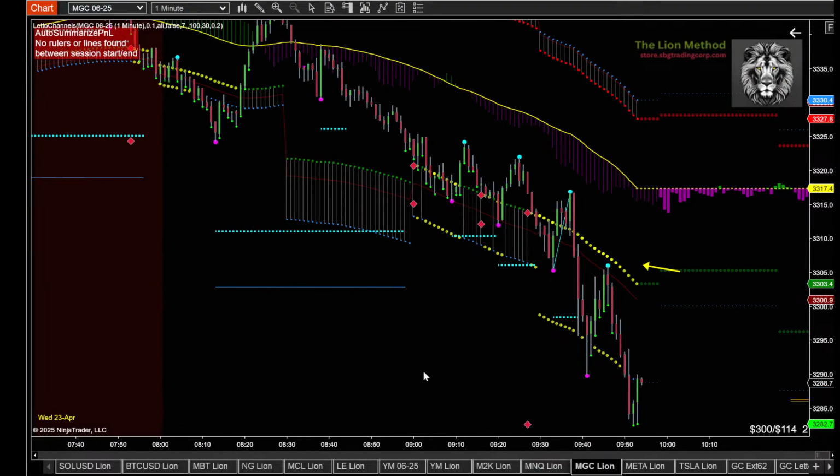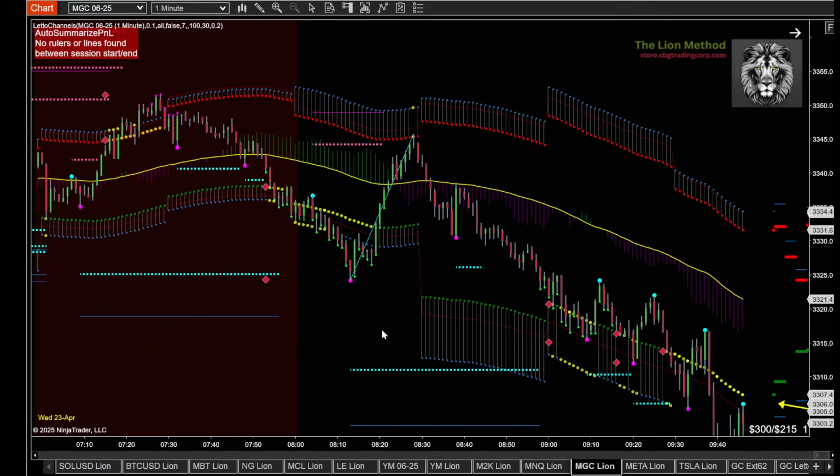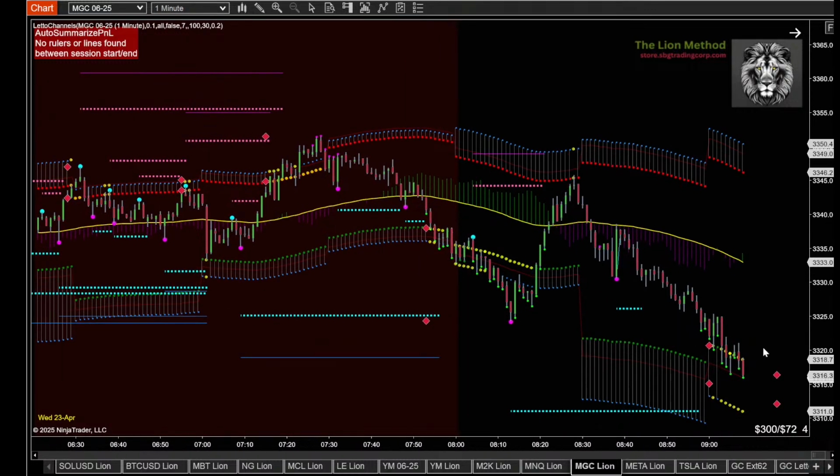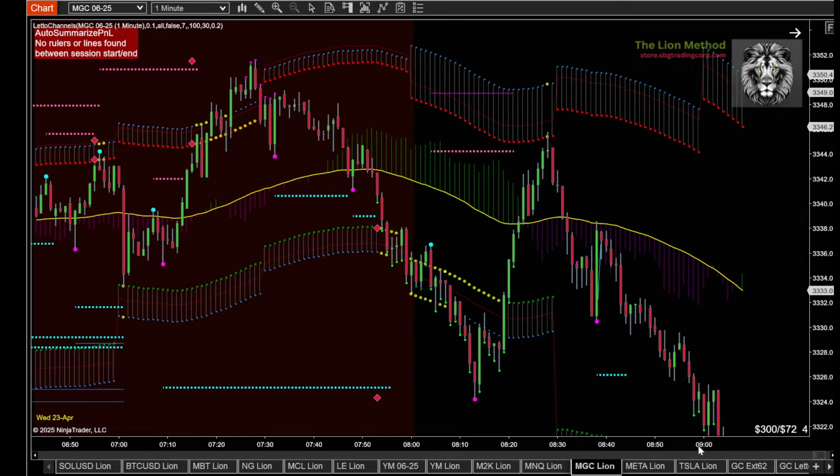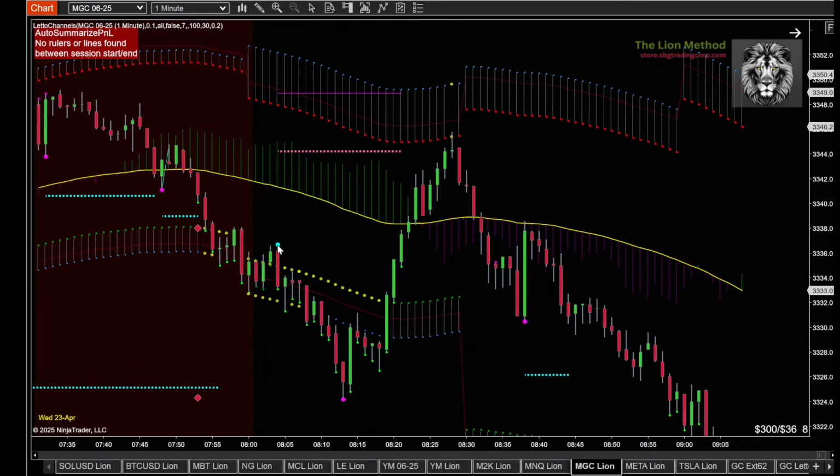Gold is just plummeting, but here was a great trade early in the morning. You can see that one, Matt, right here. We went long, and that spot was definitely oversold. Strong reaction against being oversold, and we hit target right before the market just tanked.